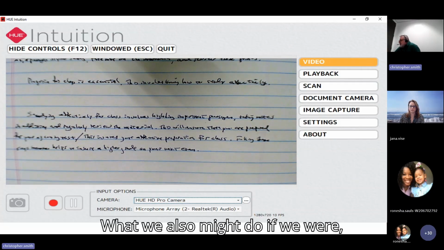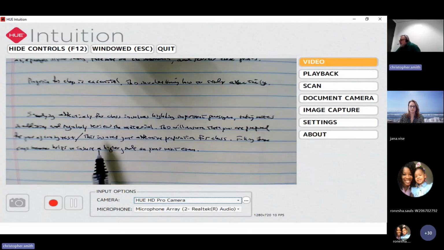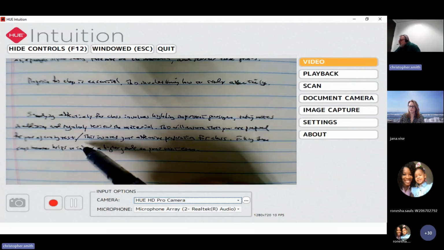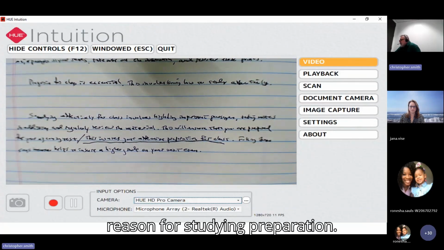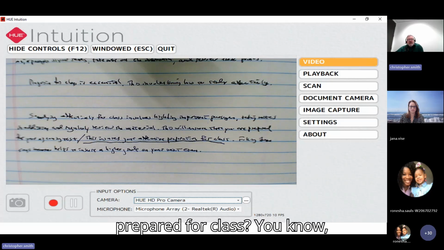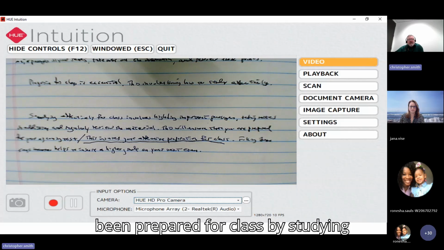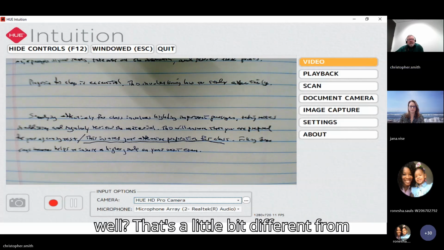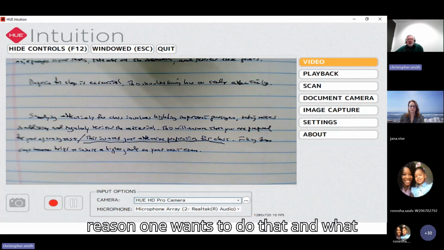What we also might do is, let me ask that second potential reason for studying and preparation. Why do we want to be prepared for class? What's the important thing about having been prepared for class by studying well? That's a little bit different from the specifics of taking a test, but there's still probably a pretty good reason one wants to do that.